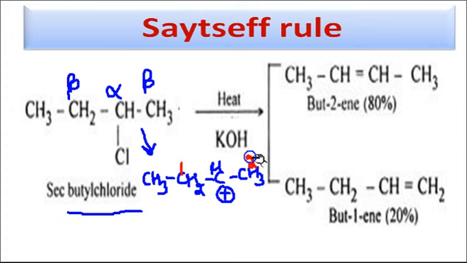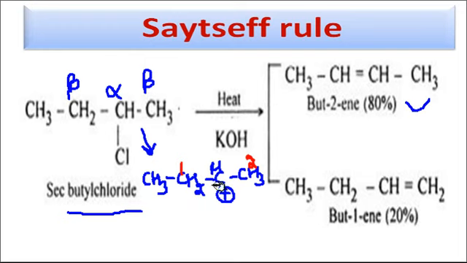So, what happens here? According to Saytzeff rule, the 2-butene will be the major product. Why? Because in this case hydrogen is eliminated from the first, that means this beta carbon atom.